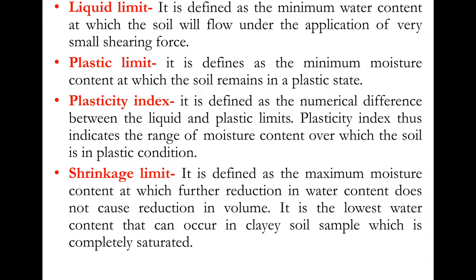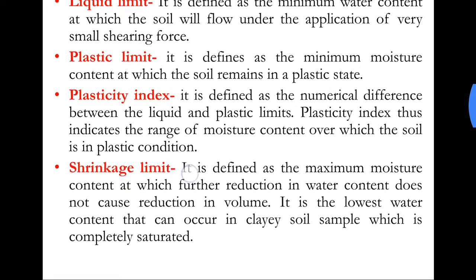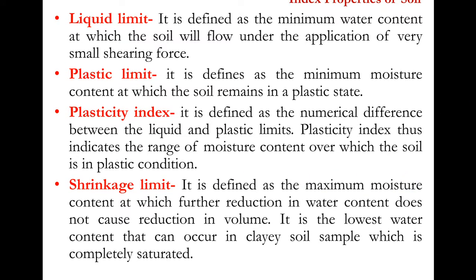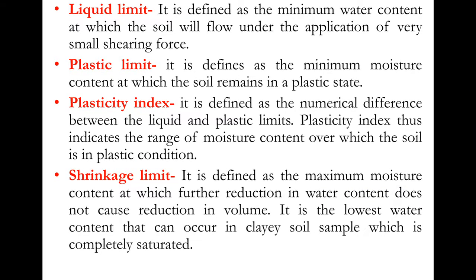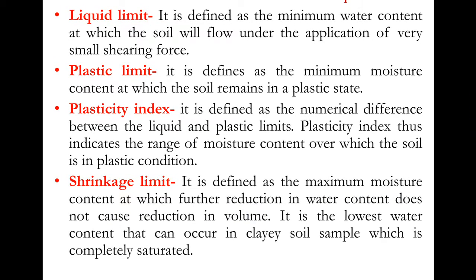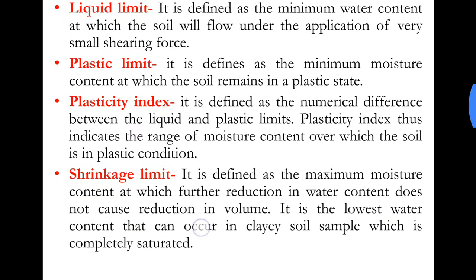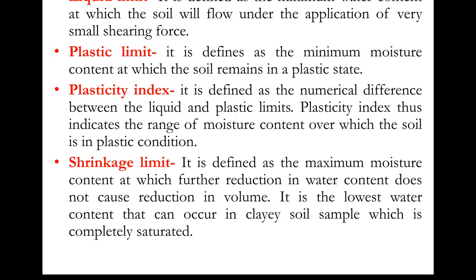Next we look at plasticity index later on. First we'll see shrinkage limit. It is defined as the maximum moisture content at which further reduction in water content does not cause reduction in volume. It is the lowest water content that can occur in a clay soil sample which is completely saturated.